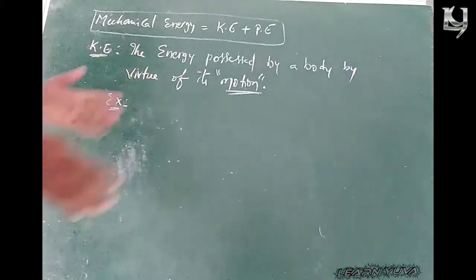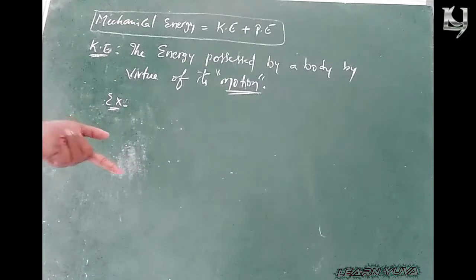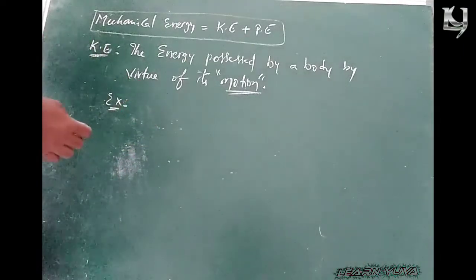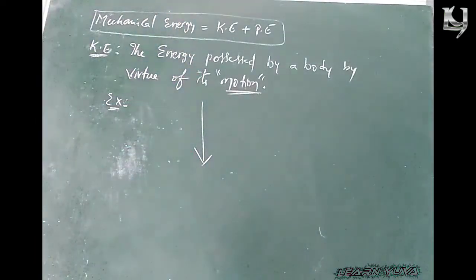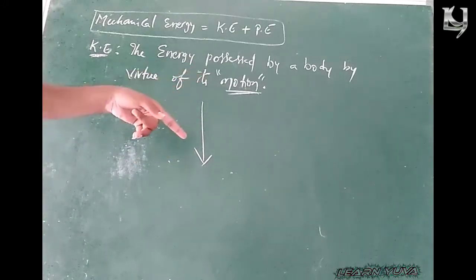If you are running, that runner also possesses kinetic energy. A running bus, a running vehicle, right? And if a stone is falling freely from a certain height, that moving body possesses kinetic energy.